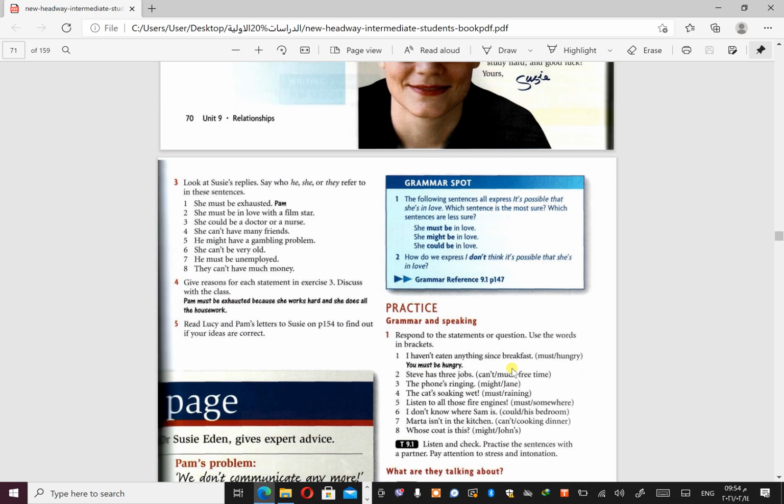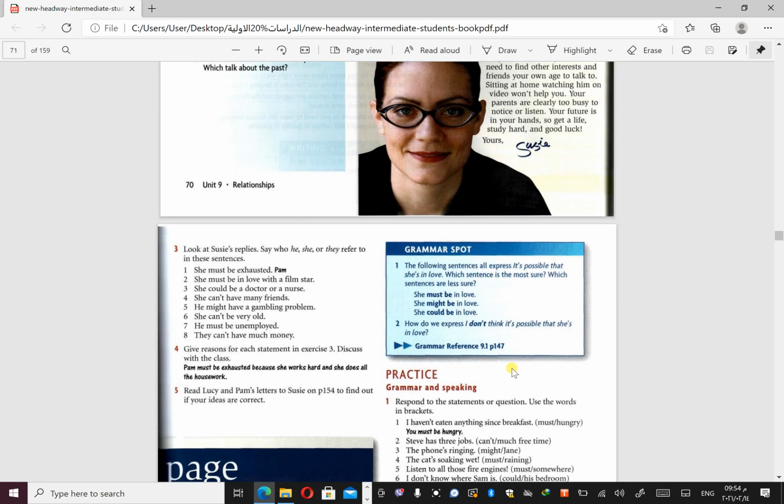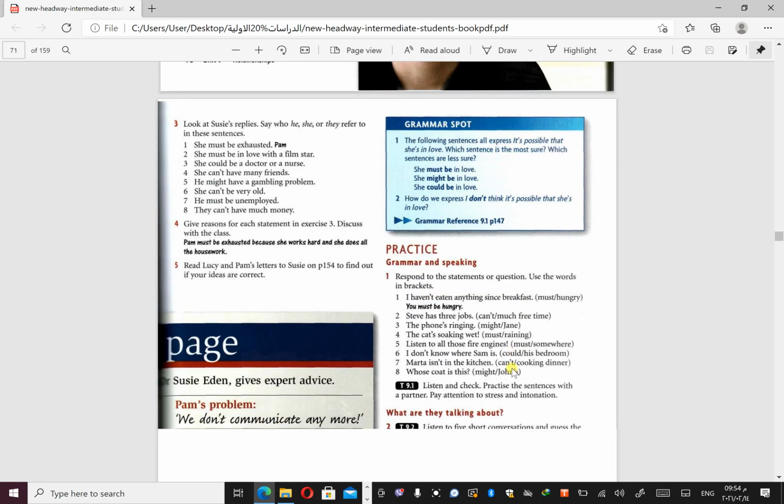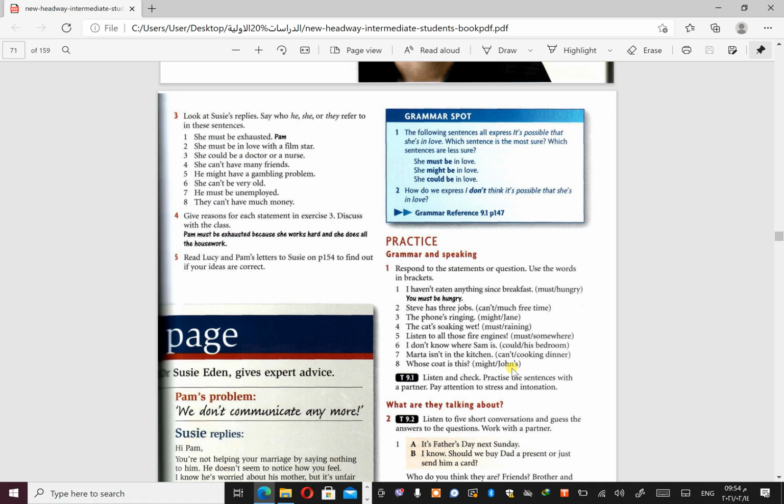So in this chapter, unit 9, page 71, in the grammar spot, they use some of the modals to express "it is possible that." What does "possible that" mean? This is probability, إمكانية تحقق الفعل.